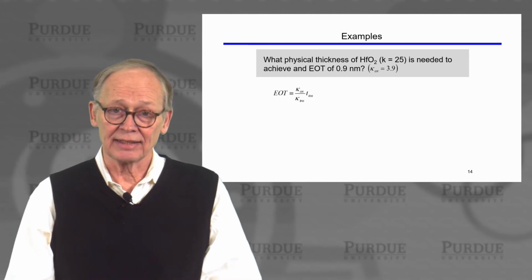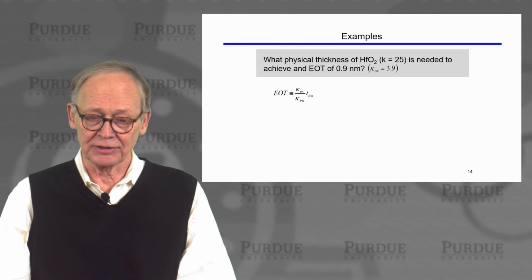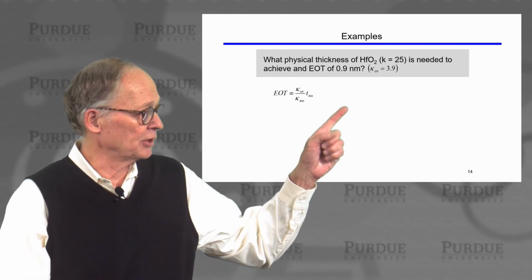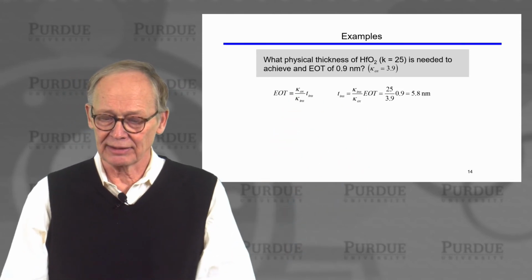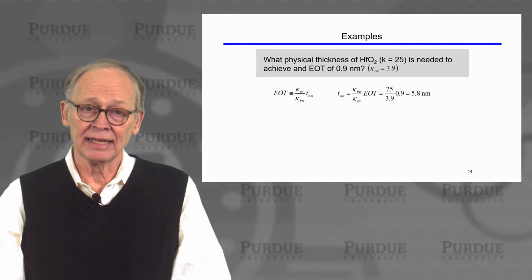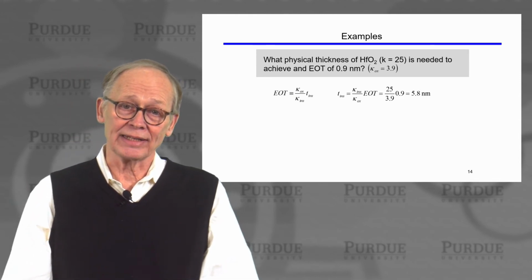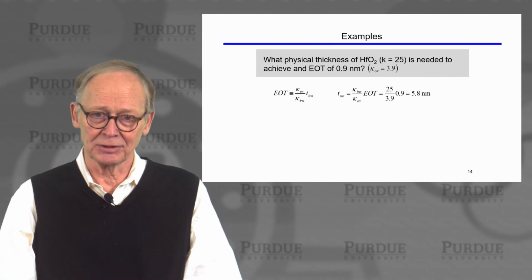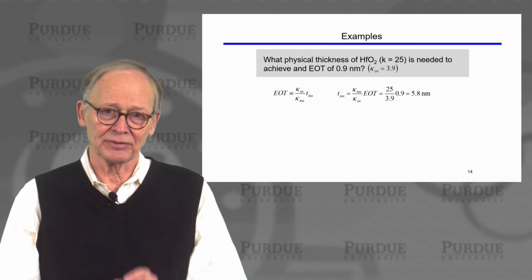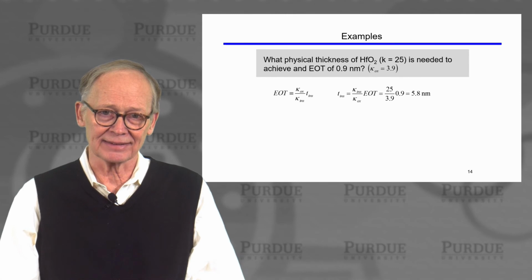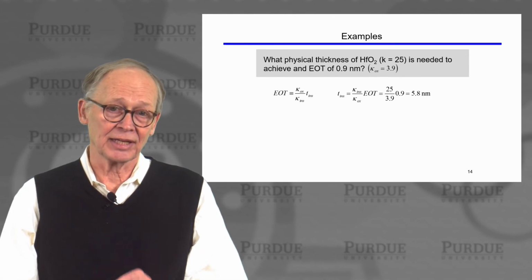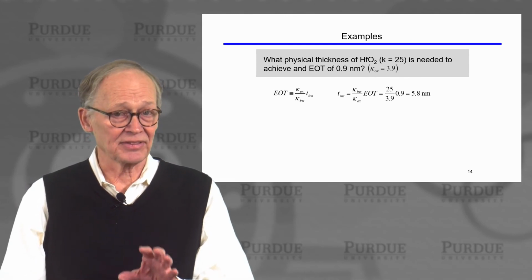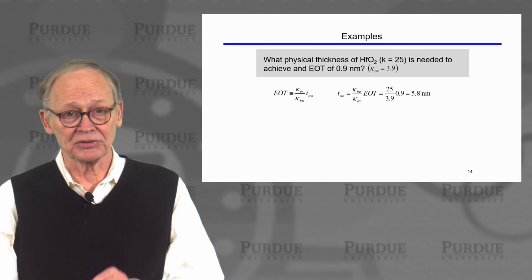Well, if we ask what's the equivalent oxide thickness for this system, we simply use our formula. It's a ratio of dielectric constants. We plug numbers in, and we see that with 5.8 nanometers of hafnium dioxide, much, much thicker than the 0.9 nanometers of SiO2 we would need for the same capacitance, we can achieve the same capacitance. But that's a thick enough layer that we can suppress the tunneling.